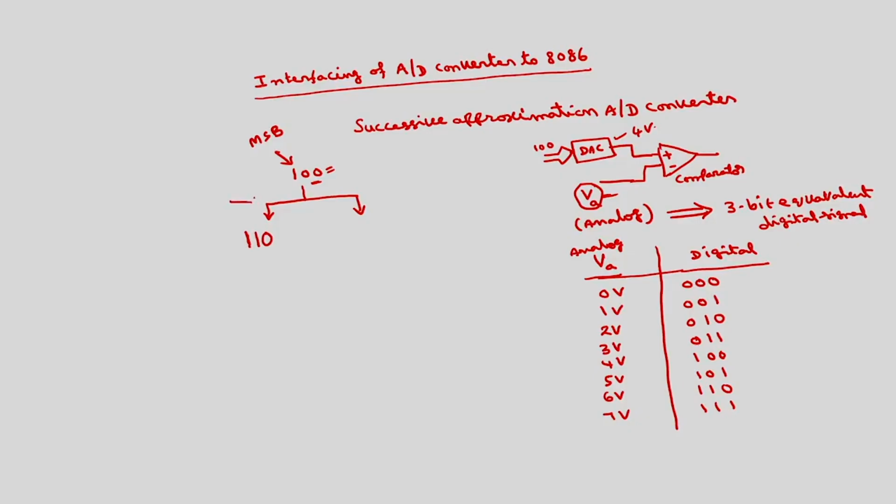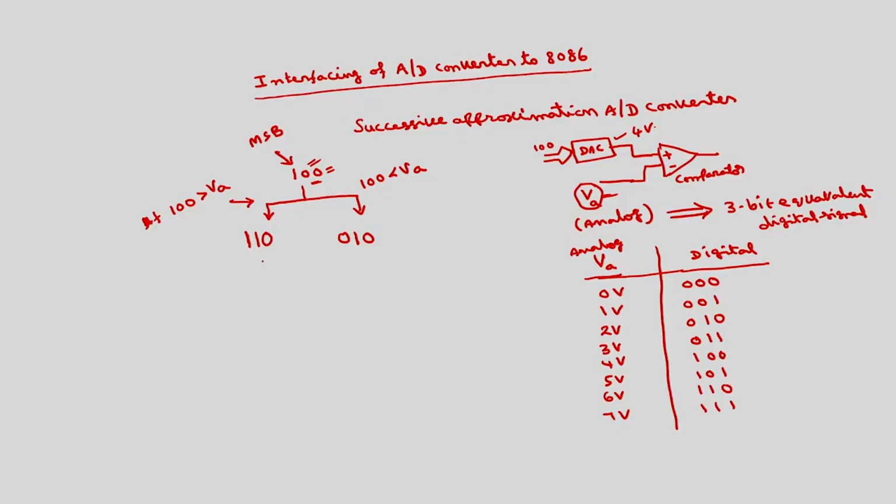This is the case if the analog equivalent of 1 0 0 is greater than VA. If the analog equivalent of 1 0 0 is less than VA, that means this 1 0 0 is a larger value. So, I will reset the first MSB bit to 0 and I will make the next MSB bit 1, then 0.